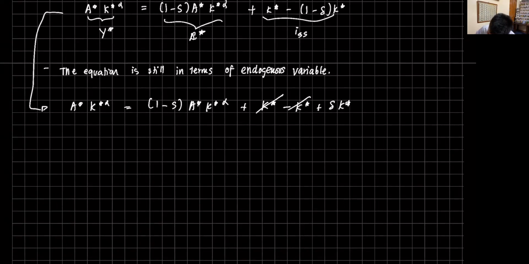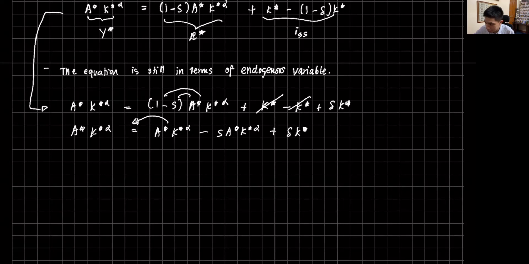If we distribute, we get A star K star alpha equal to A star K star alpha minus S A star K star alpha plus delta K star. If I transpose this to the other side, those things would cancel out, because that would be negative and this is still positive. Then I'm left with minus S A star K star alpha plus delta K star.